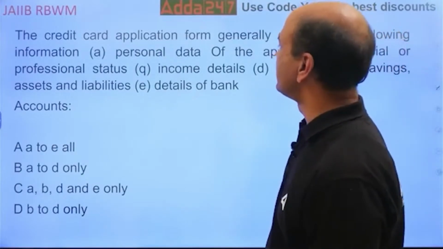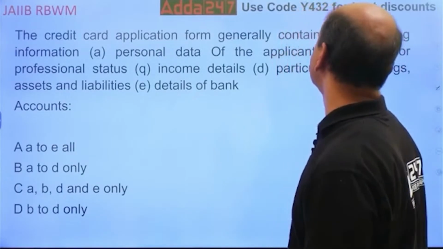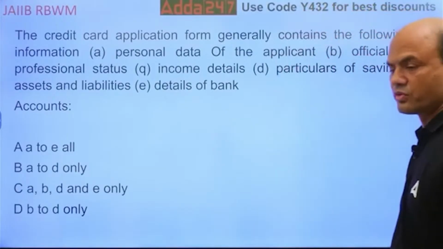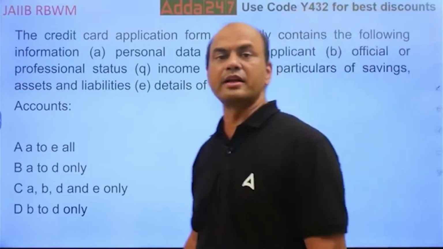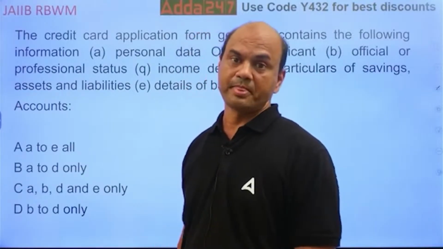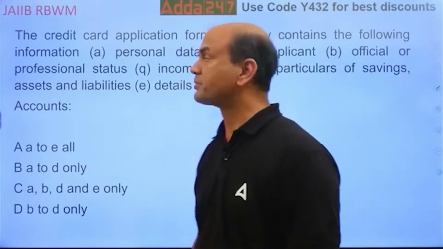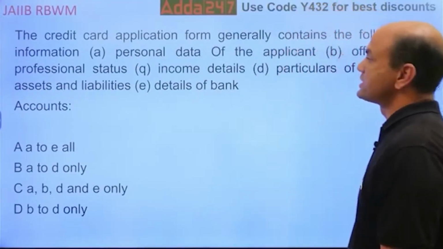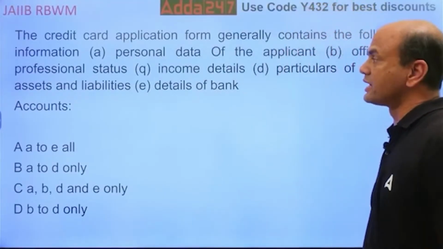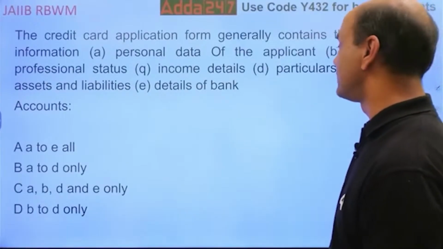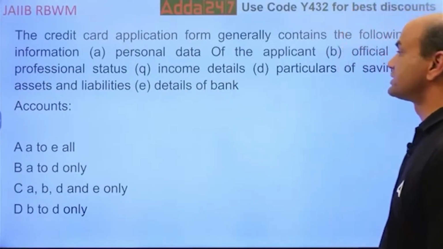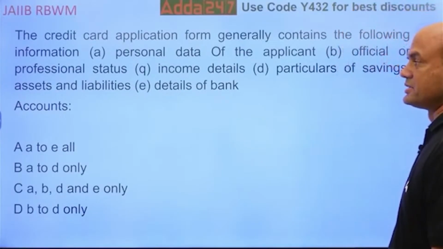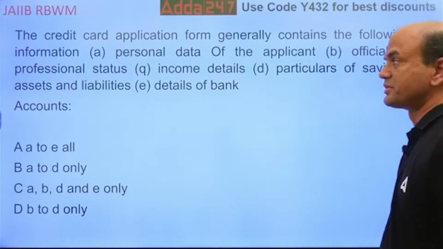The credit card application form generally contains the following information. What information does the credit card application contain? Personal data of the applicant, official or professional status, income details, particulars of savings, assets and liabilities, and details of the bank accounts.